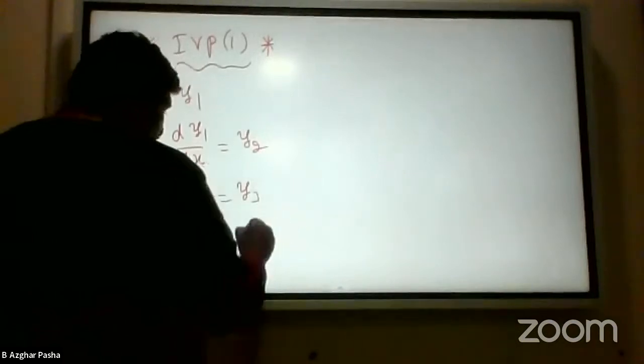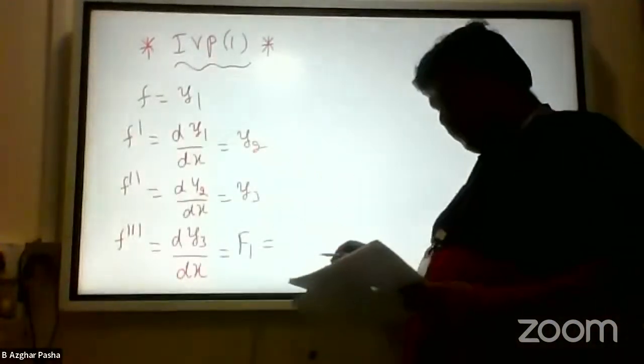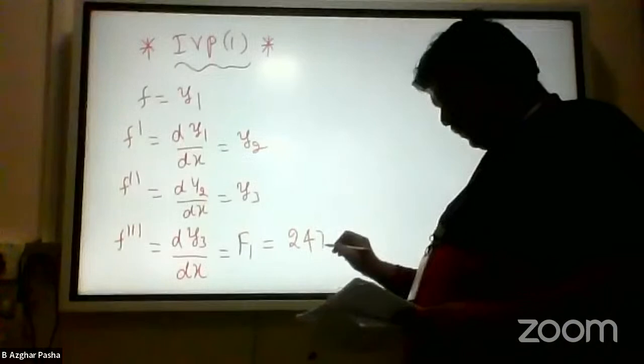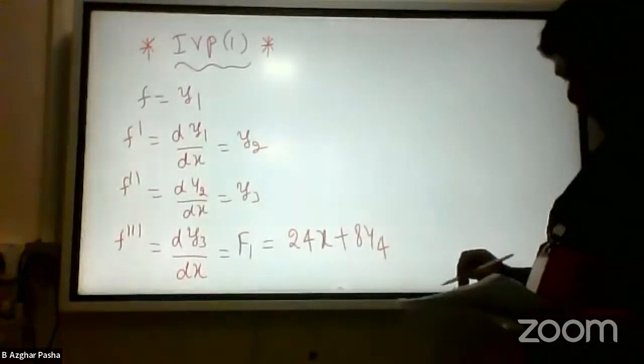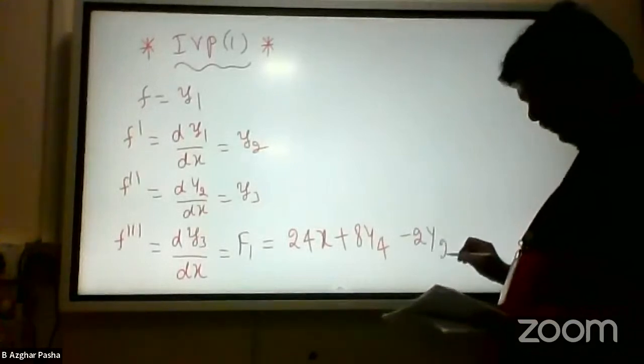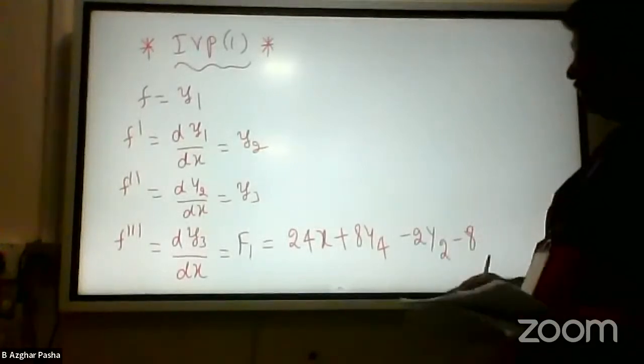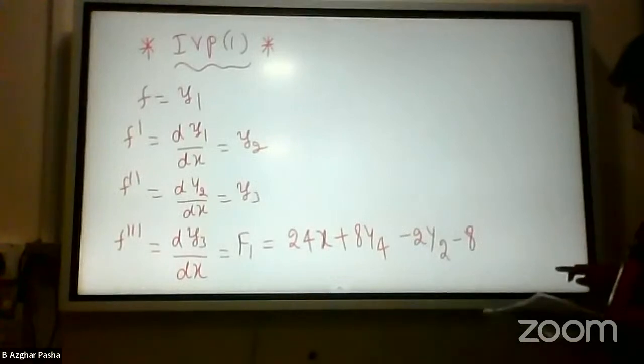F1 I have already converted, it is 24x plus 8y4 minus 2y2 minus 8.